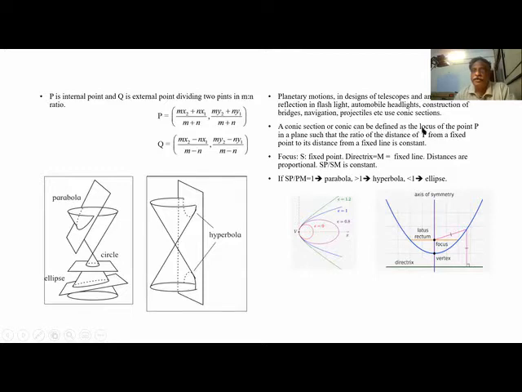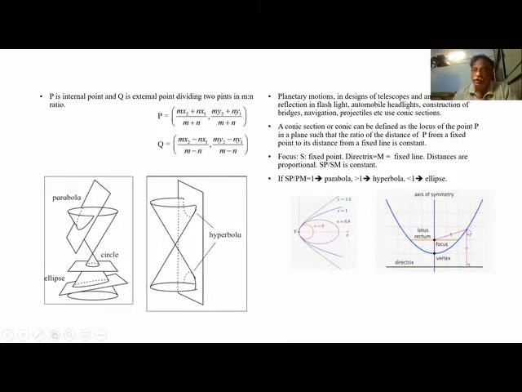It is defined as the locus of a point P in a plane such that the ratio of its distance from a fixed point to a fixed line is some constant. Don't understand? Let us see. Suppose there is a point P. On this line, you take any point P. From a point and from a line, the relation of this distance gives you the conic section.